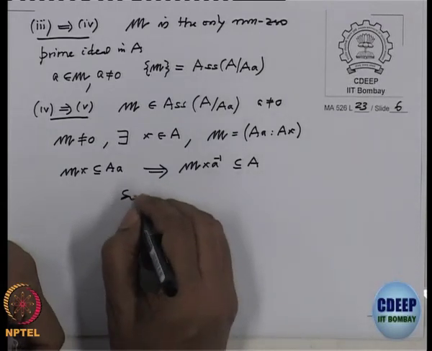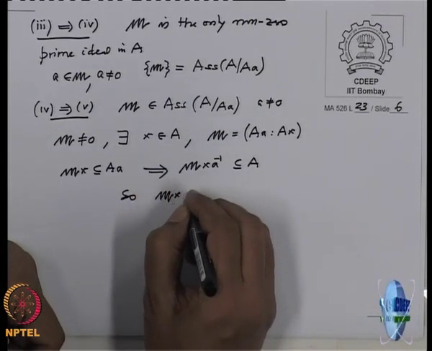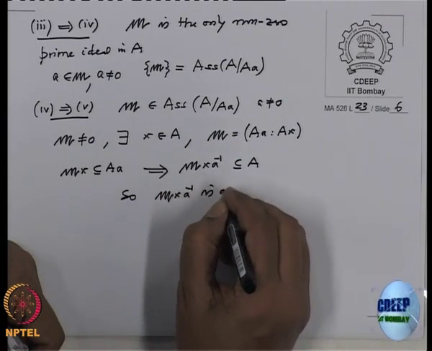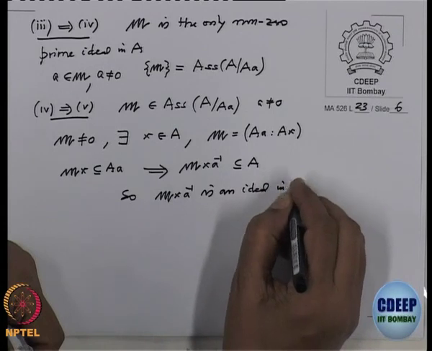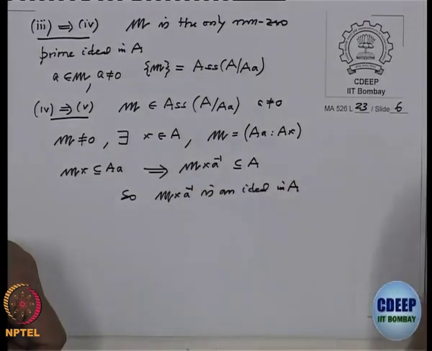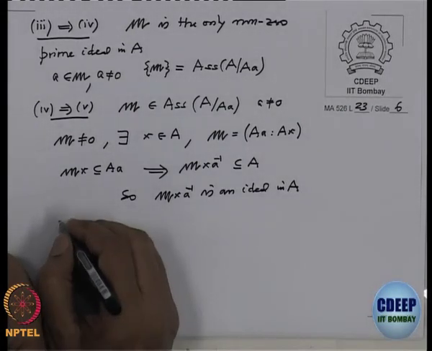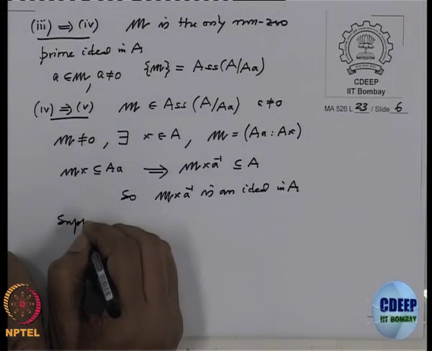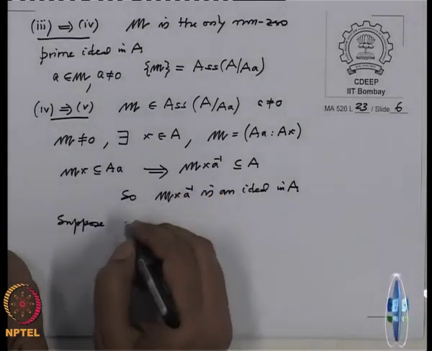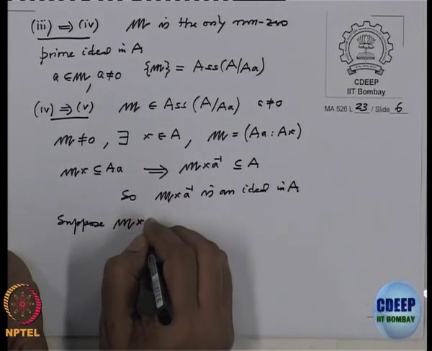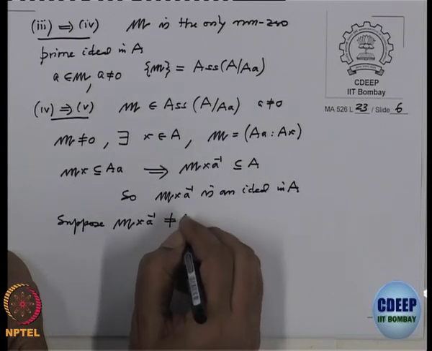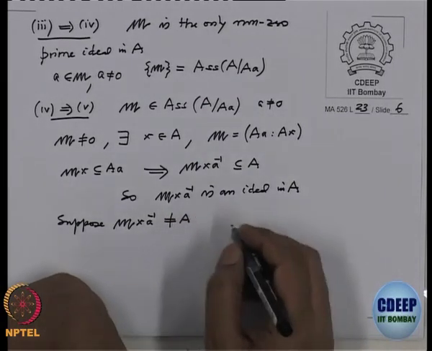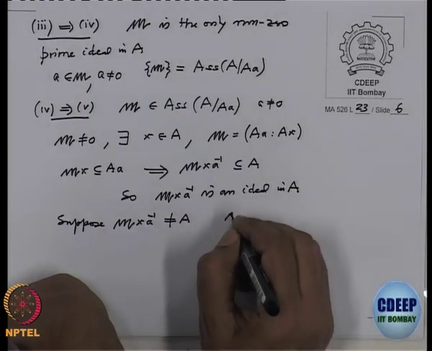So, m x a inverse is an ideal in A. And I want to check that if suppose this was a proper ideal, m x a inverse is not A, then what happens? Let us see. Then it has to be contained in the maximal ideal.